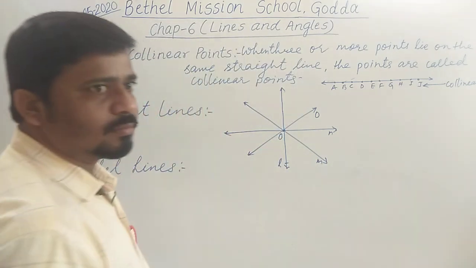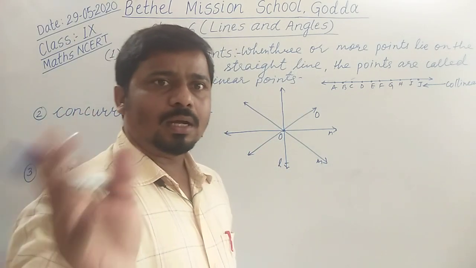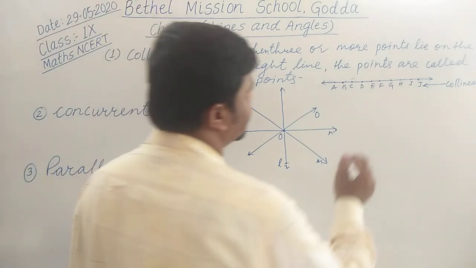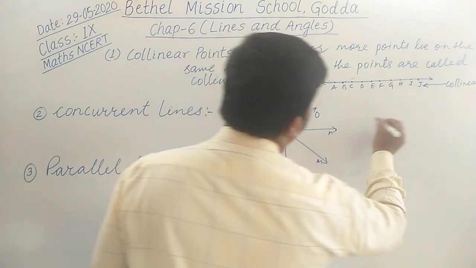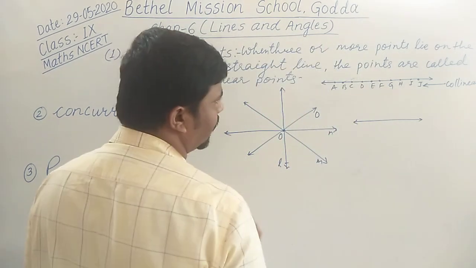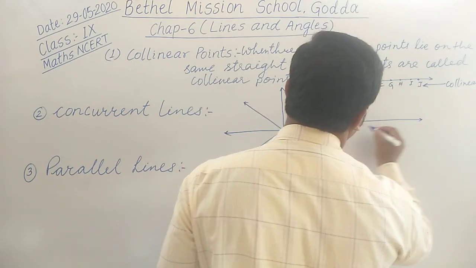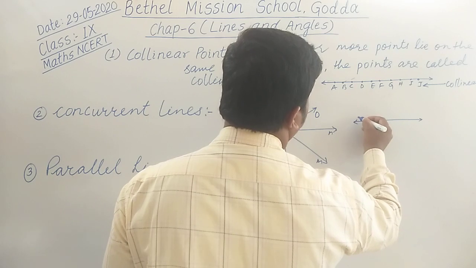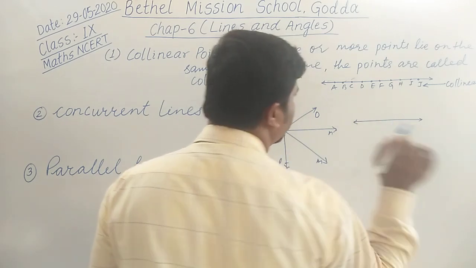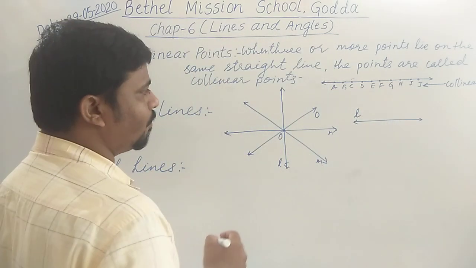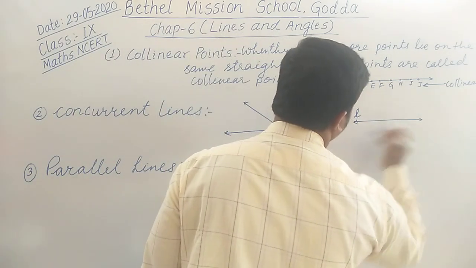You know that in the primary sections, teachers taught you how we label a line. If you want to name this line using a single letter, then we use a small letter.